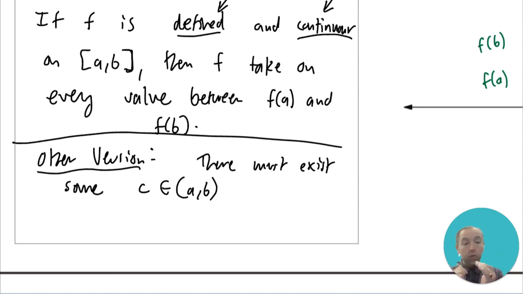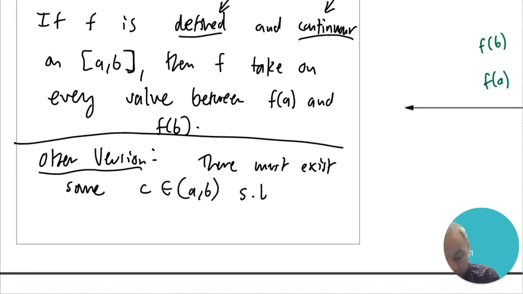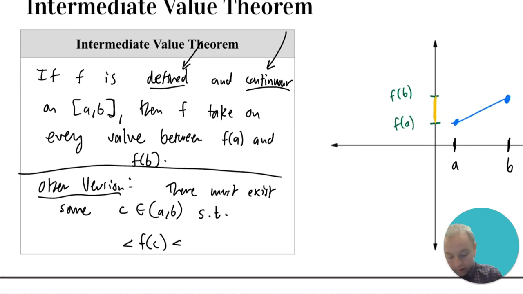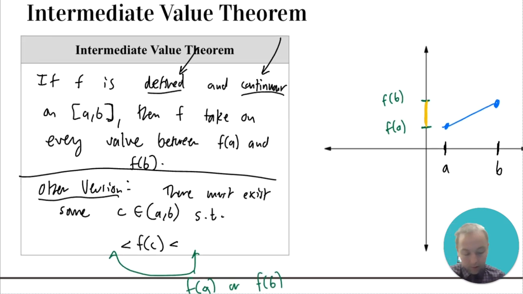So it literally has to be in between a and b, such that the y value corresponding to x equals c is going to have to be between f of a and f of b. One of these is going to be f of a, and the other one is going to be f of b.